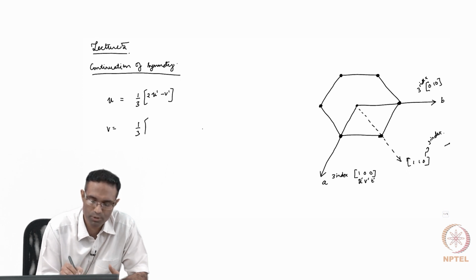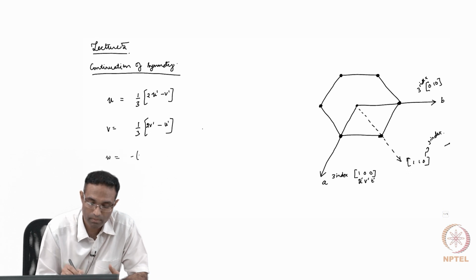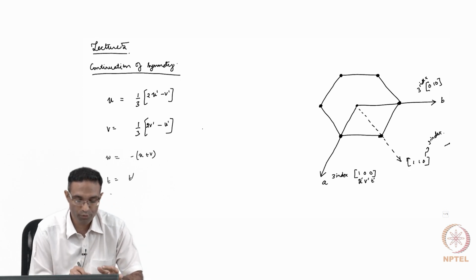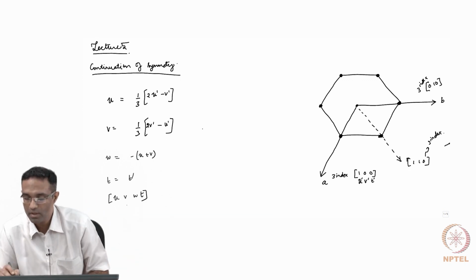I think this is probably also there in your notes. Now this will give you a 4 index system u, v, w and t.